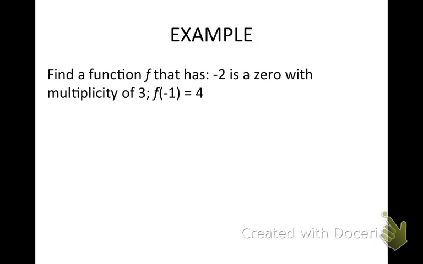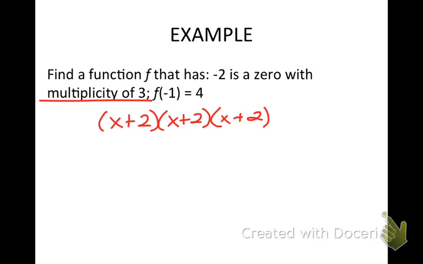If you're told that you have a multiplicity of something, so negative 2 is a 0 with a multiplicity of 3, what would that look like in factored form? It would be x plus 2 how many times? 3, right? So if it has a multiplicity of 3, that means it's going to happen 3 times.